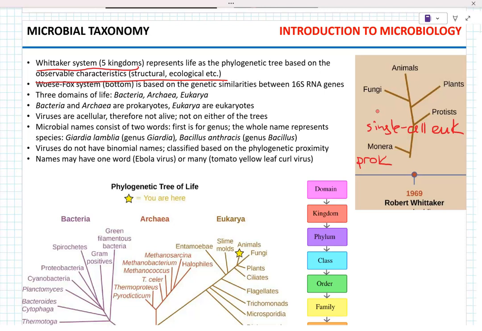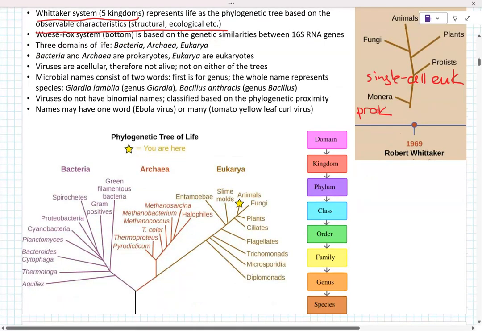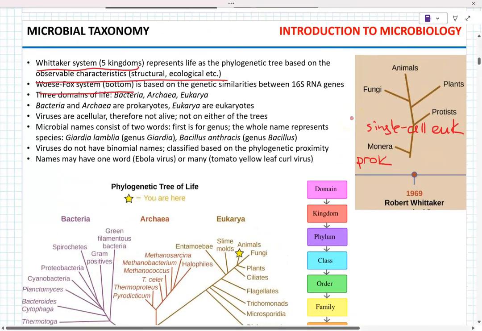Now later, I believe in the late 1970s, Carl Woese developed his own system based not on structural similarities, but on the genetic similarities between very conserved, very stable genes.